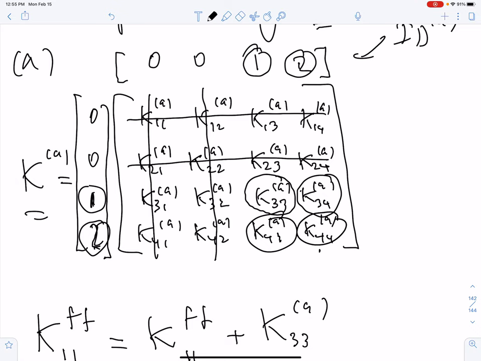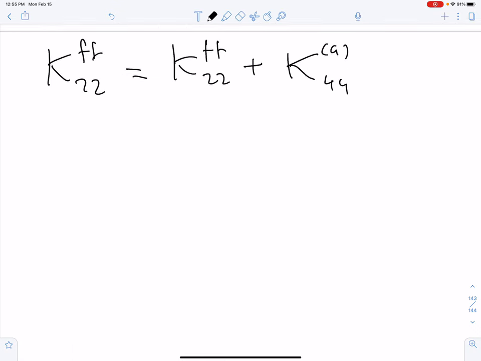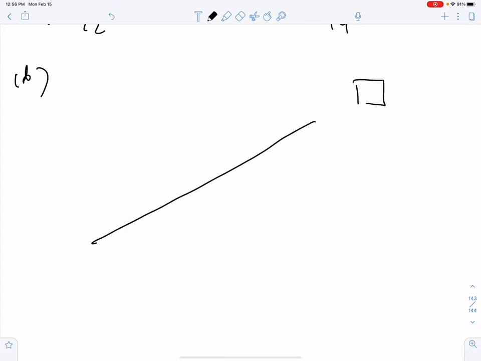Now let's repeat the same exercise for element B. So we'll look at the element. Recall it connects nodes 2 and 3. We had global degrees of freedom that are again U1 and U2, U5 and U6.